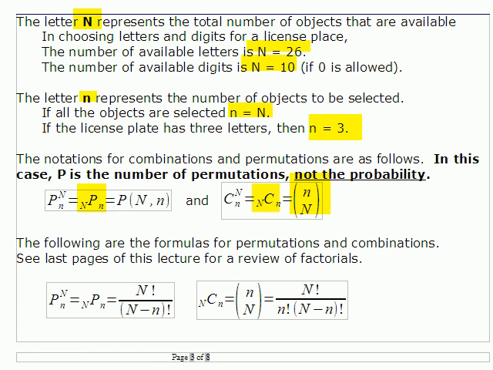For permutations, it is the total number of objects factorial divided by the total number minus the group to be selected factorial. Now look at the expression for combinations. It starts off just the same as for permutations, but then is divided by another factorial, little n factorial.